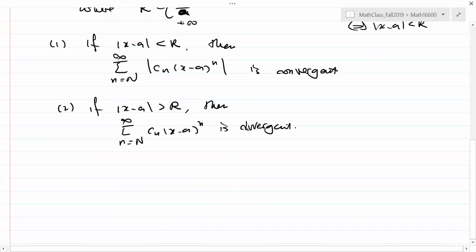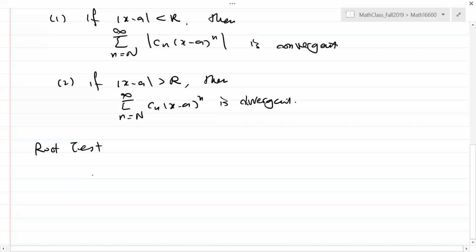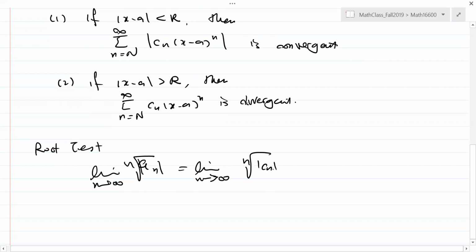And similarly, you can use the root test. If you look at the root test, you will get the limit of the nth root of absolute value of c_n times absolute value of x minus a. So you just need to worry about this part.